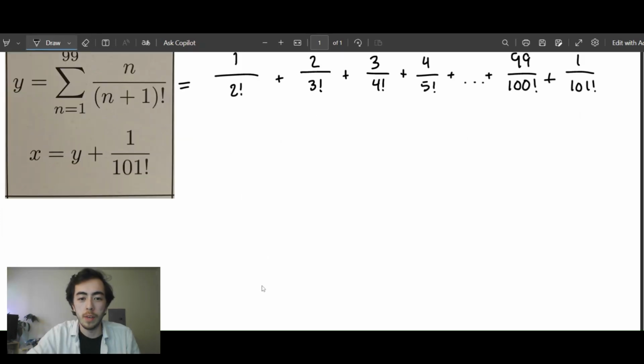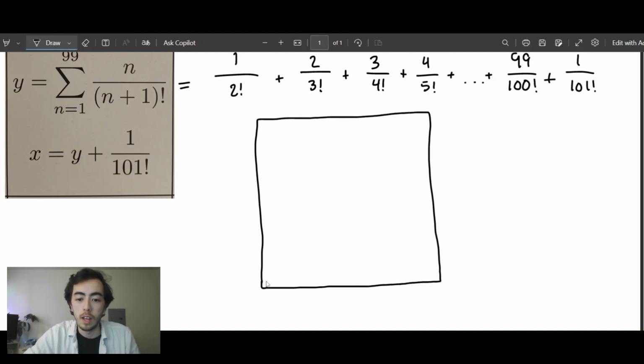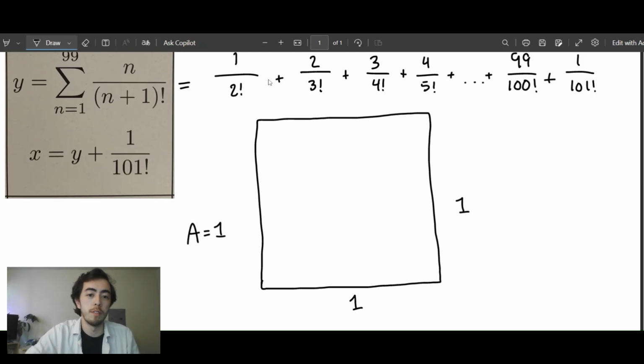So let's imagine that we have this box, or I guess it's a square, because box kind of implies 3 dimensions. So it's a square, and let's just say it's 1 by 1. So the area of this square is 1. And let's see what happens when I keep trying to fill it with these fractions up above.